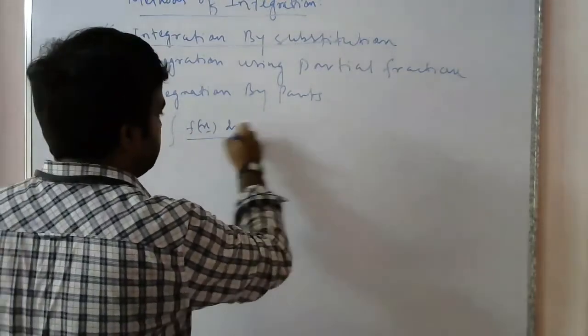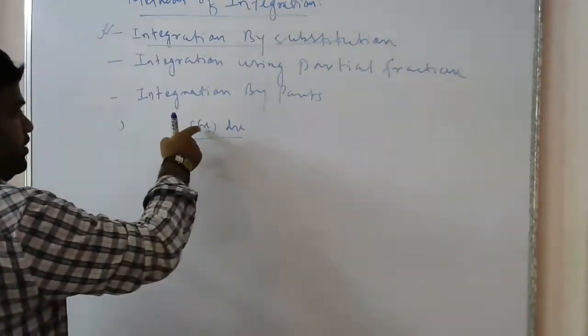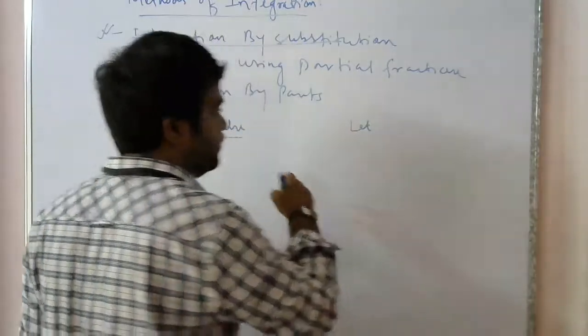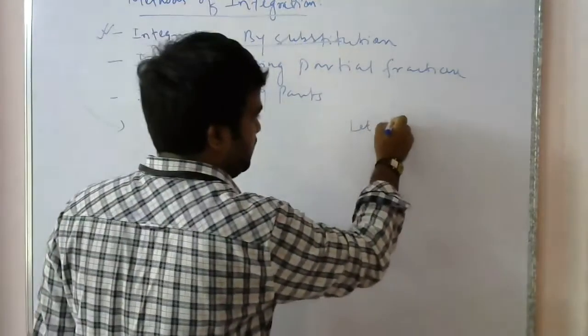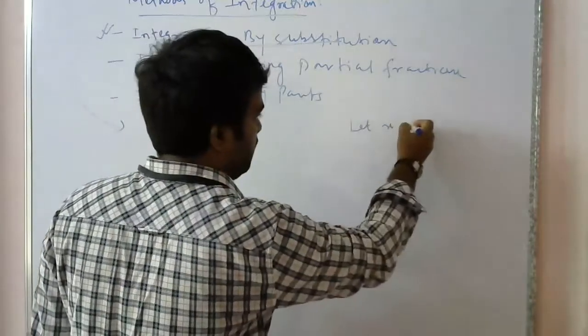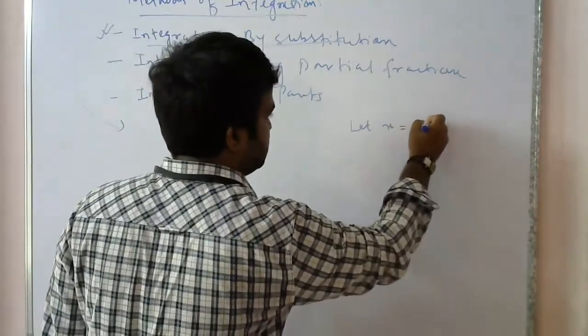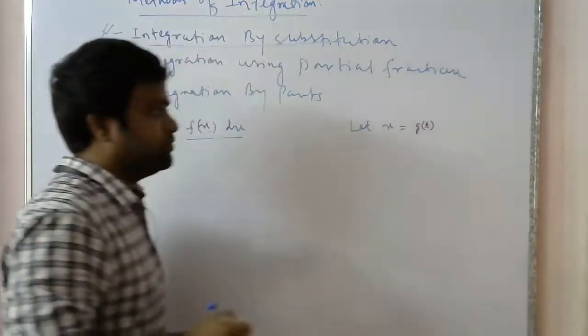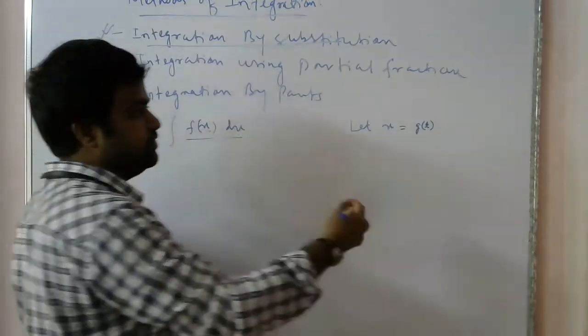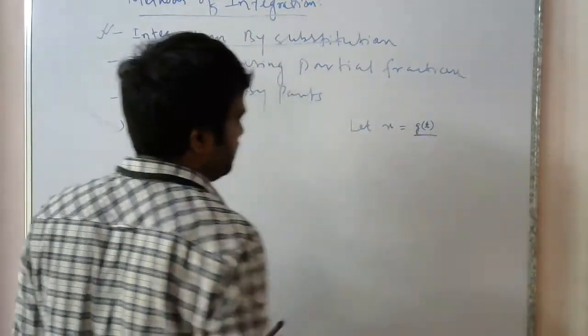For example, suppose this is a function of x, and we want to substitute this x. Let's say we change x into another function, let's say g of t. This x I will convert to a function of t.